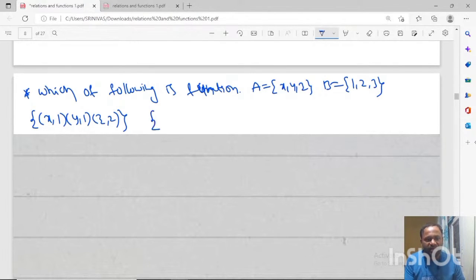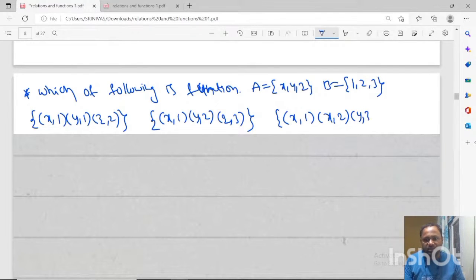Okay, and I will take one more ordered pair set: (x, 1), (y, 2) and (z, 3). Next, ordered pairs (x, 1), (x, 2), (y, 3), (z, 2). Next, the fourth one: (x, 1), (y, 1), (z, 1).